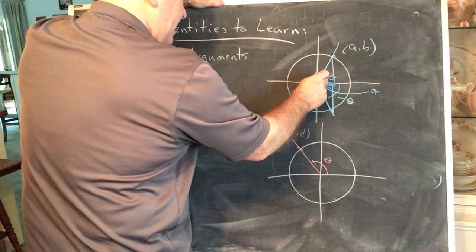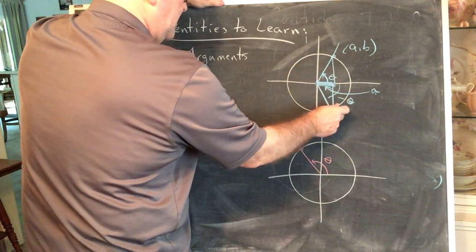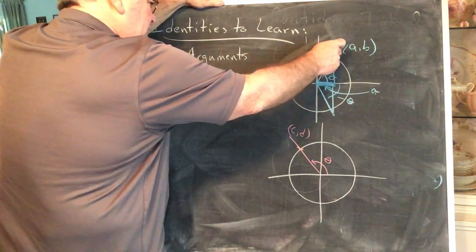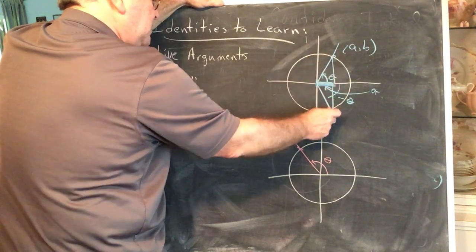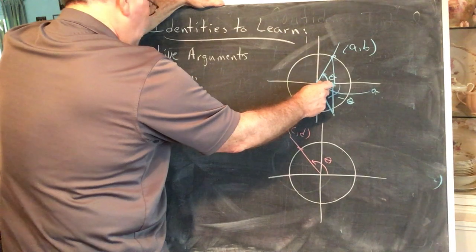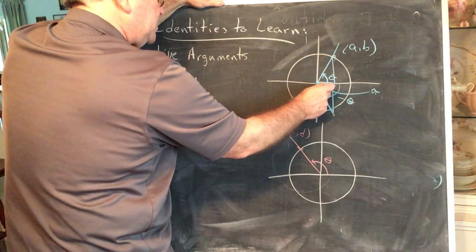So cosine of theta and cosine of negative theta are the same thing. Sine, the y-coordinates, the y switch from positive to negative or negative to positive. So the sine switches sign, but cosine remains constant. So the memory device has to be that sine changes sign, but cosine is constant.